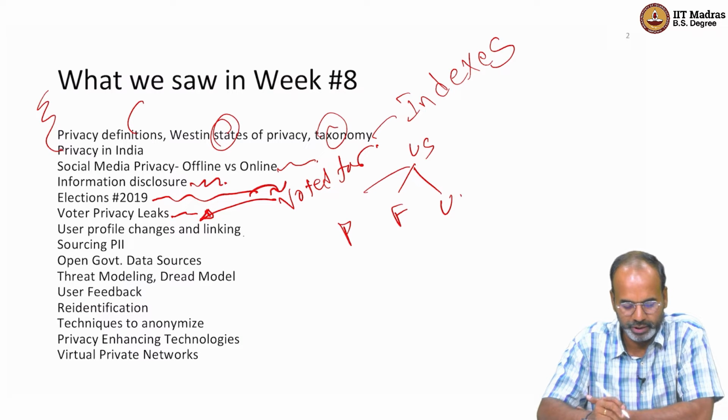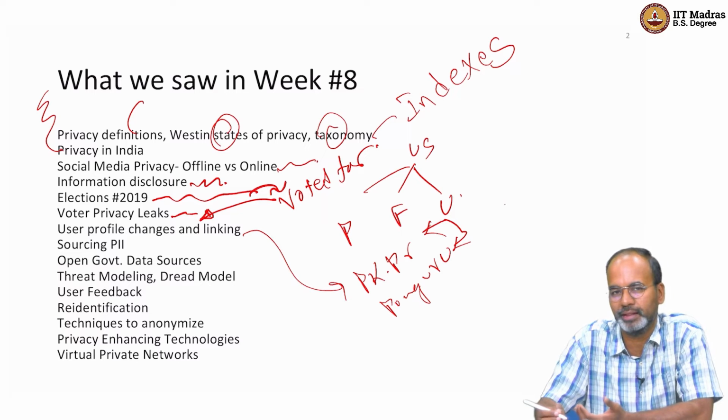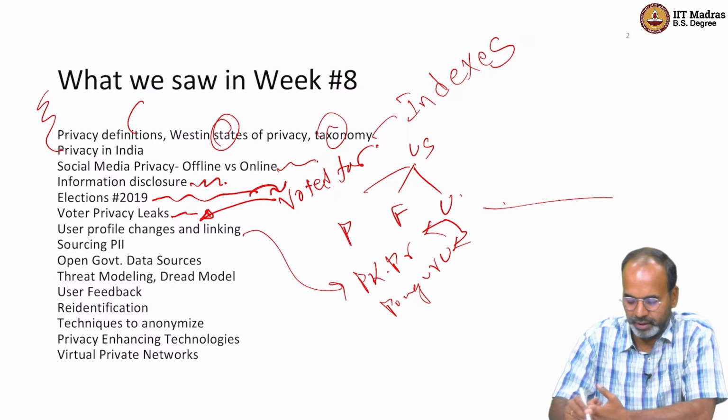User profile changes and linking: can we actually find out that two different handles are the same account, and if they can be identified as the same, can we tell the user, look, can you fix something so that your linkability score is lower?